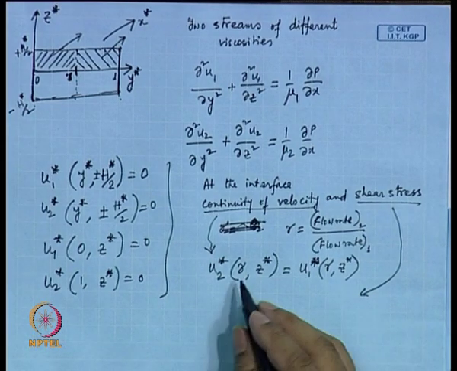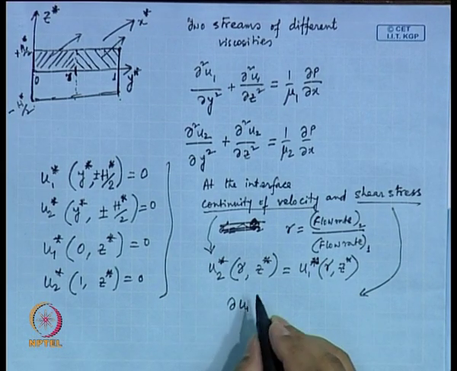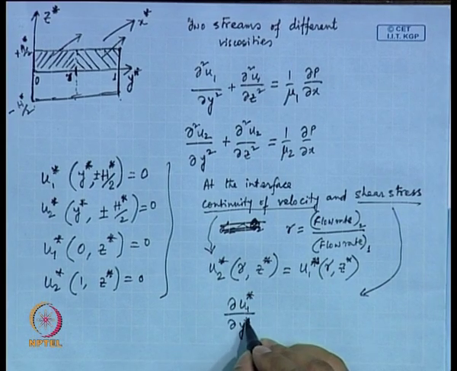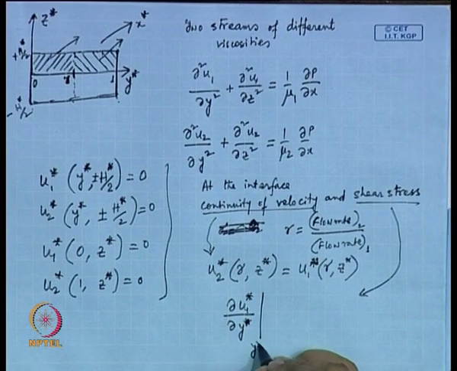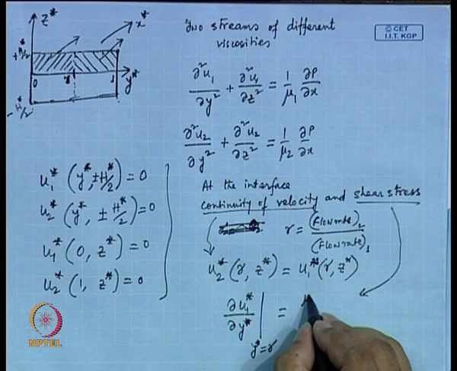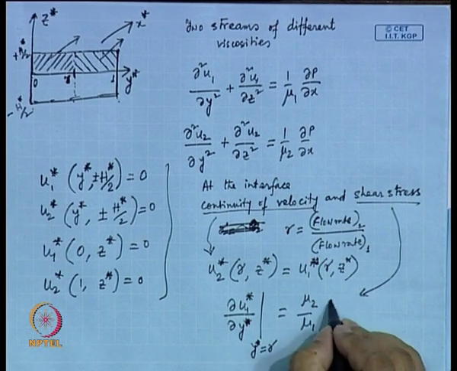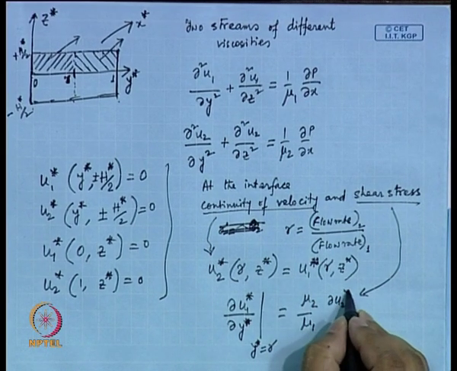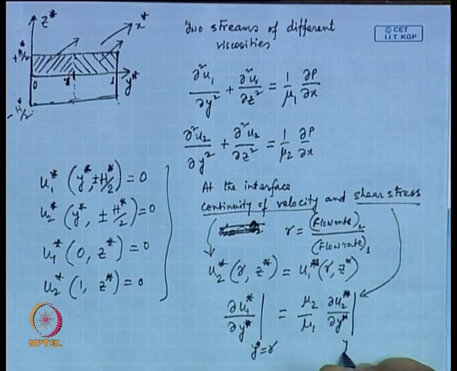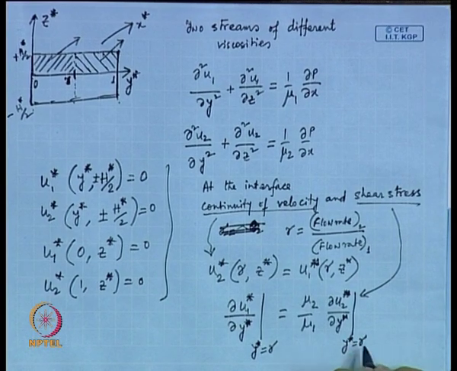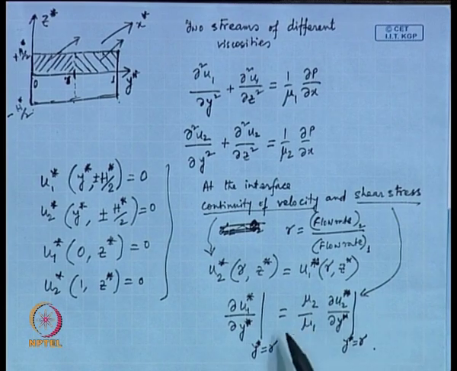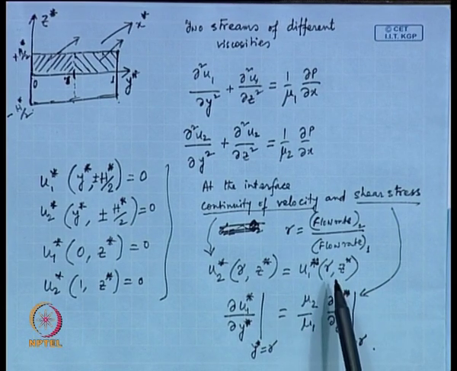To satisfy this, you have to write del u1 star by del y star at y star equal to gamma, that is equal to mu 2 by mu 1 del u2 star by del y star at y star equal to gamma. So, that is how you equate the continuity of the shear stress. That is important at the interface.